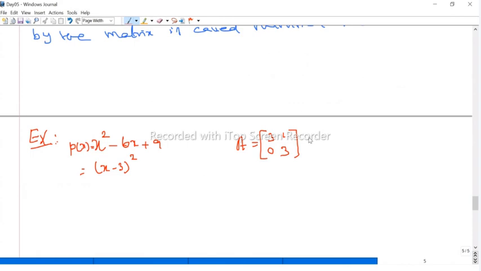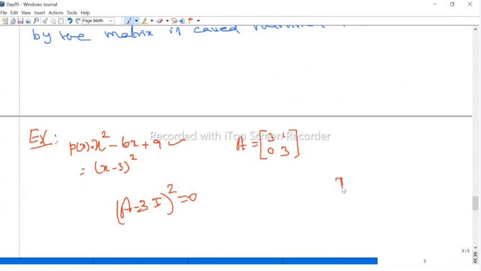Now, by the Cayley-Hamilton theorem, A satisfies this polynomial, which means (A minus 3I) square is 0. That is the second degree polynomial satisfied by A. Now my question is, can you get any other smaller degree polynomial satisfied by A?